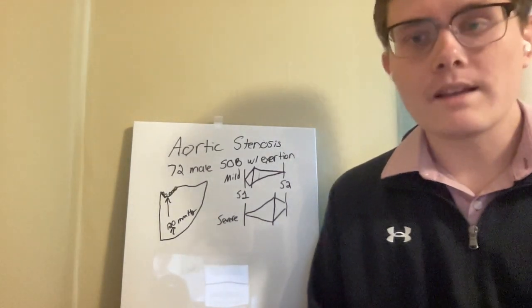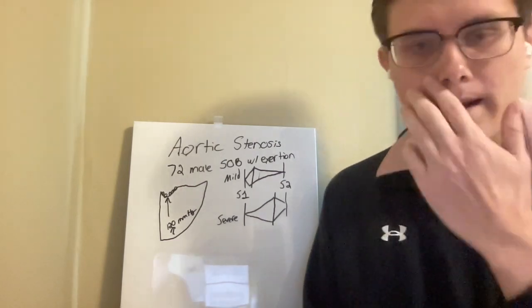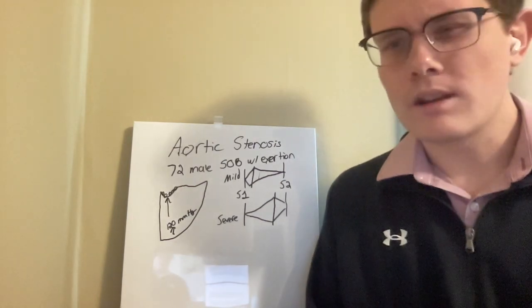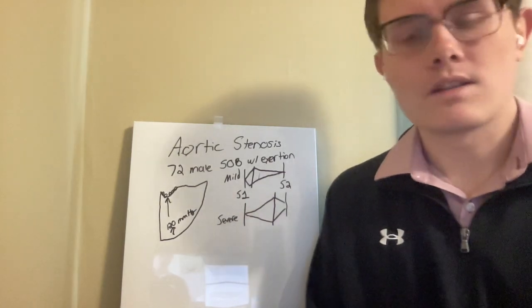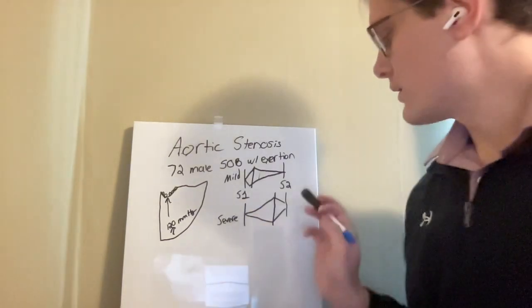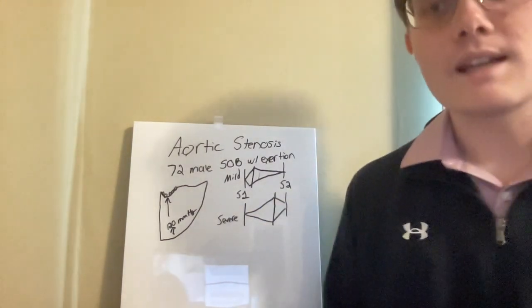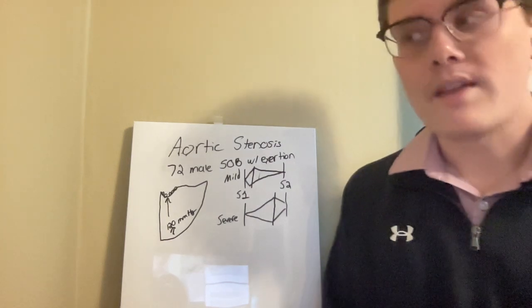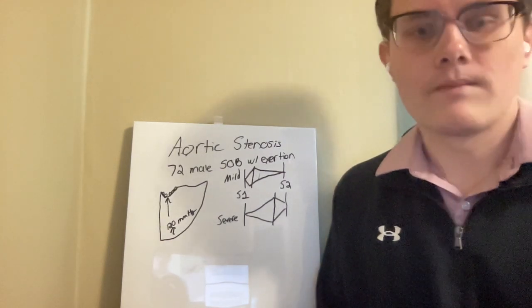Another thing that we commonly see is that we also start to hear an S4 kick, like we do with heart failure with preserved ejection fraction, as that ventricle starts to stiffen. And finally, because it takes so long for the blood to get out of the aortic valve, that's where we can start to see that pulsus parvus et tardus.